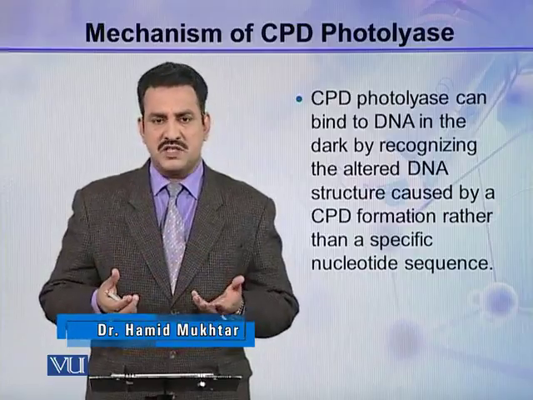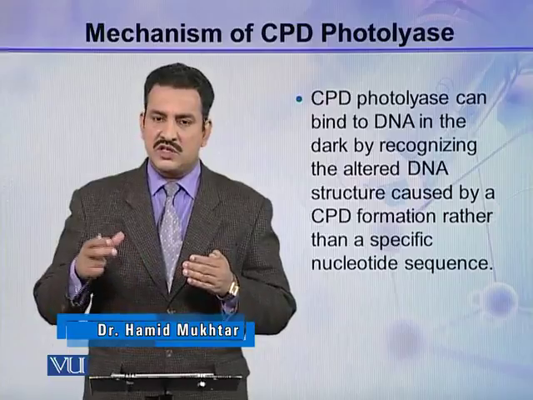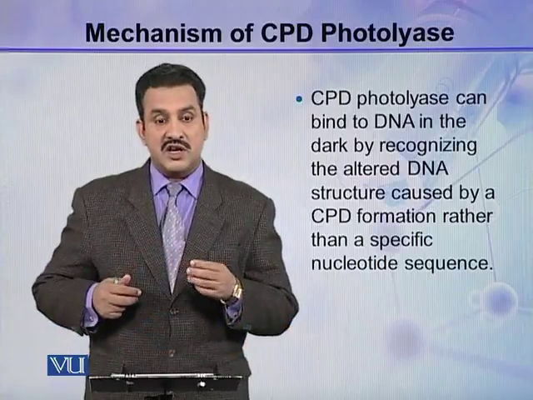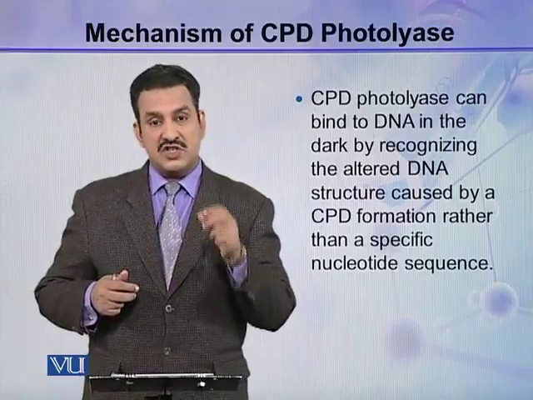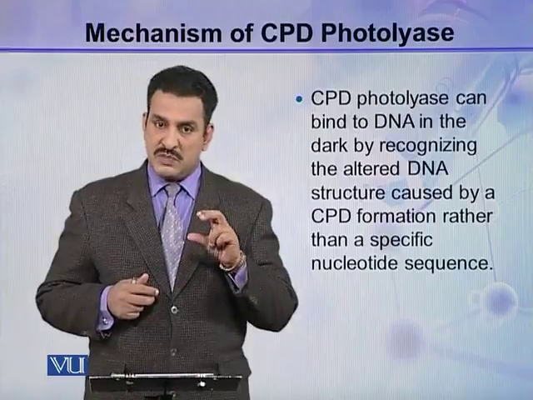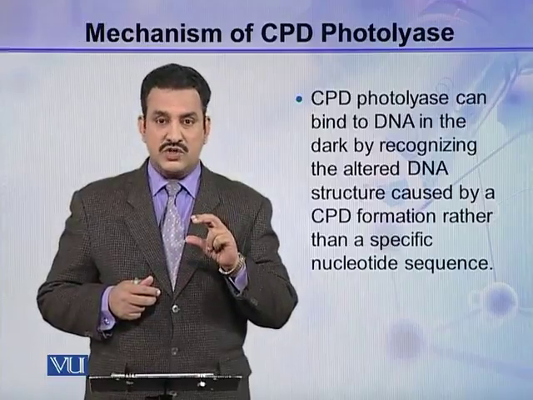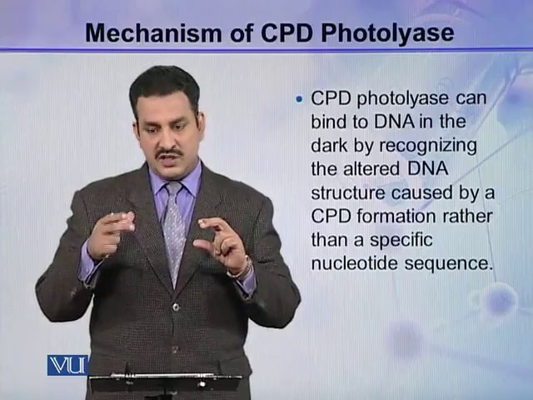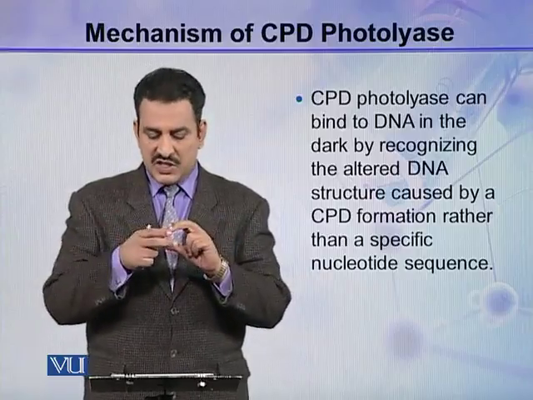There is no specific sequence where this CPD photolyase binds. Rather, it is the altered DNA structure due to the formation of CPD that is identified by these enzymes, and they bind with this site.